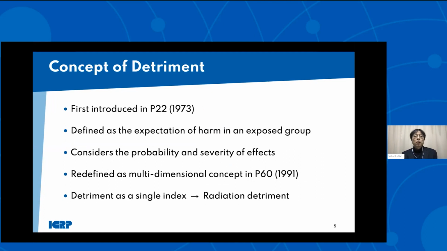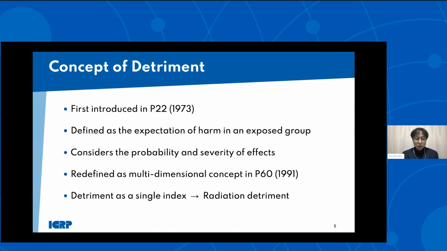Chapter 1 of the publication summarizes the concept of detriment. The detriment concept was first introduced in Publication 22, which was published in 1973. That means the detriment concept has a half-century history. Detriment was defined as the expectation of harm in an exposed group.